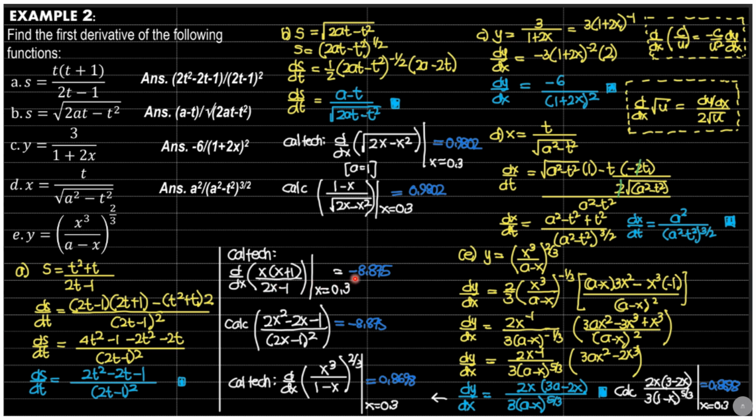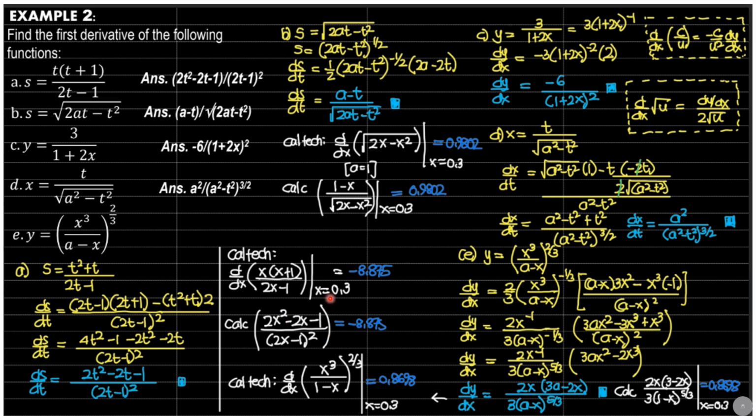So evaluating using your calculator, it is negative 8.875, and that's the derivative when x is 0.3. Then if this is the answer, we just replace t by x, and we evaluate this expression when x is 0.3 also, and it will give us negative 8.875. So that means that's correct.